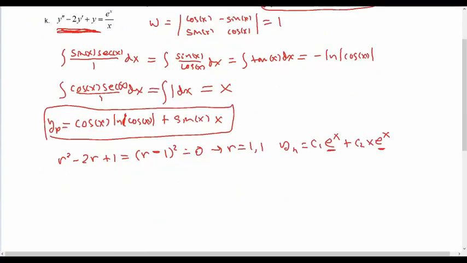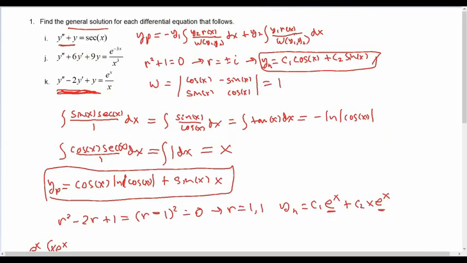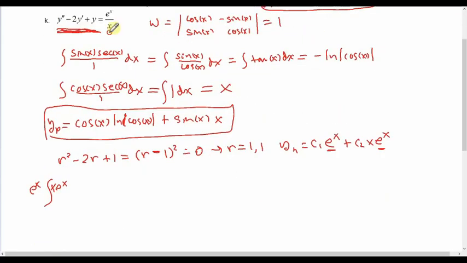So the way this one works out okay, because remember I'm going to be integrating. I'm going to have my y1s out here, so that's e to the x, and then I have x e to the x times, it's this one I'm doing, e to the x over x divided by the Wronskian.